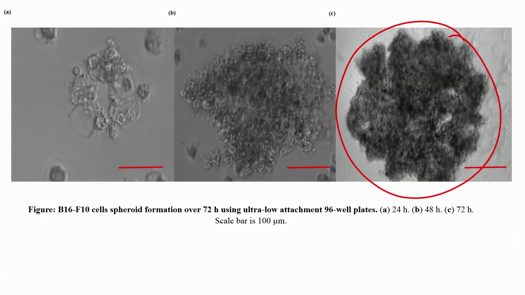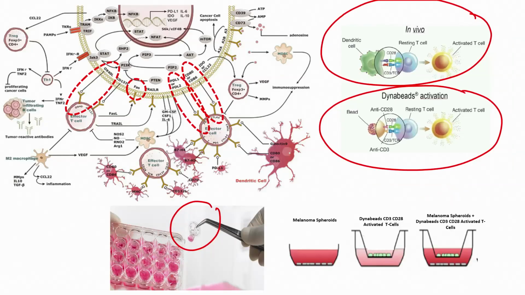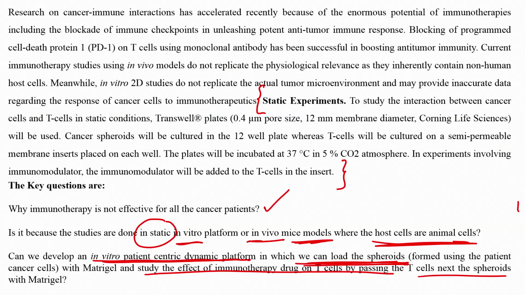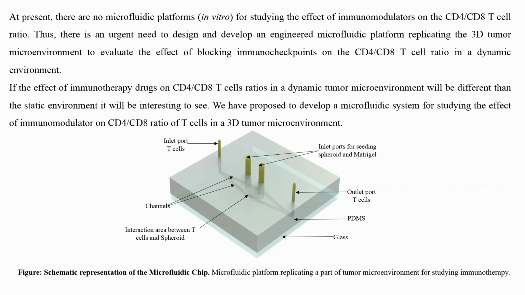How we can form spheroids, and what the static way of doing the experiments is, right. How can we activate the T cells, and what are the key questions that one has to address when we are looking at immunotherapy. Now, immunotherapy is extremely vast, we are just addressing a very small section of immunotherapy, alright.